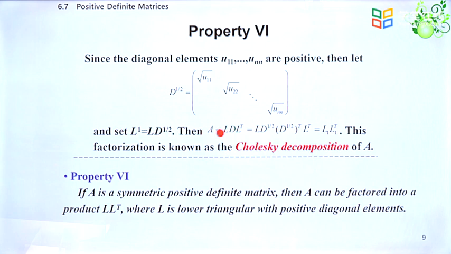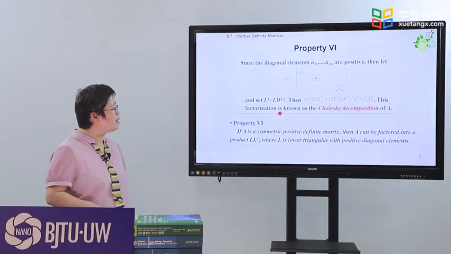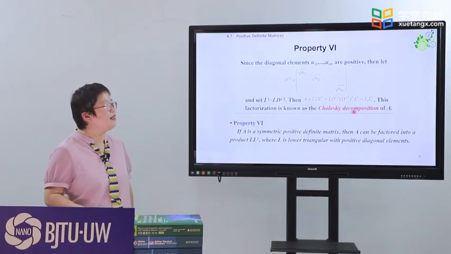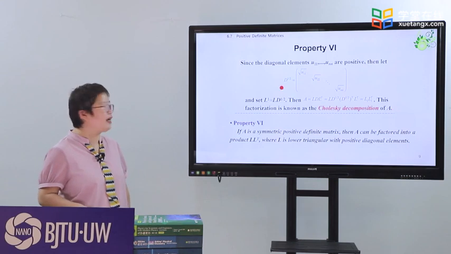Because A equals L times D times L transpose, and D can be factorized as D^(1/2) times D^(1/2) transpose, we put this together as L1, L D^(1/2), and the other two matrices multiply to L1 transpose. This factorization is known as the Cholesky decomposition of matrix A.